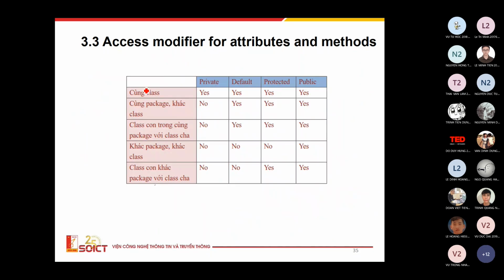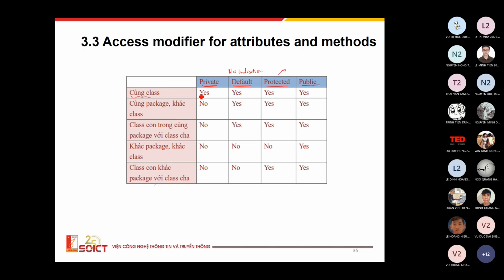And this is the table to summarize what access modifiers can access. You have private, you have default or no indication, you have public, okay, and you have protected, which will be presented later.